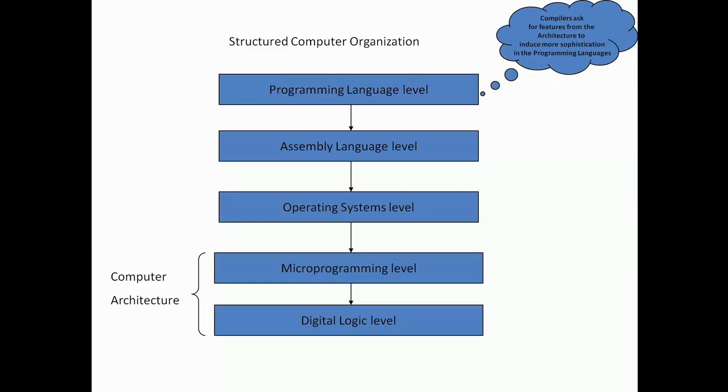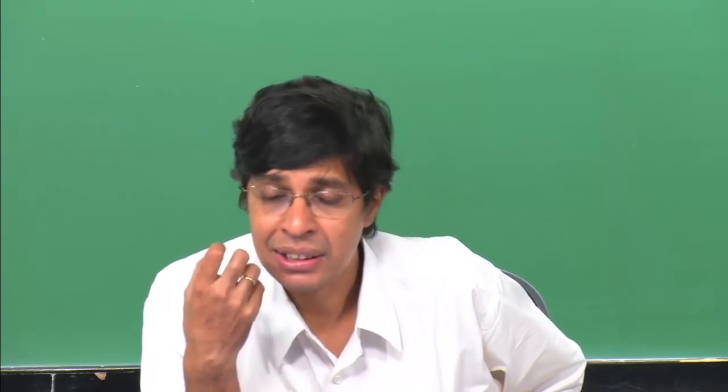Now, there will be a question. Compilers actually ask for features from the architecture to bring more sophistication to programming languages. I told you already, if I want a pointer, I use indirect addressing. If I want function calls, I need a stack.